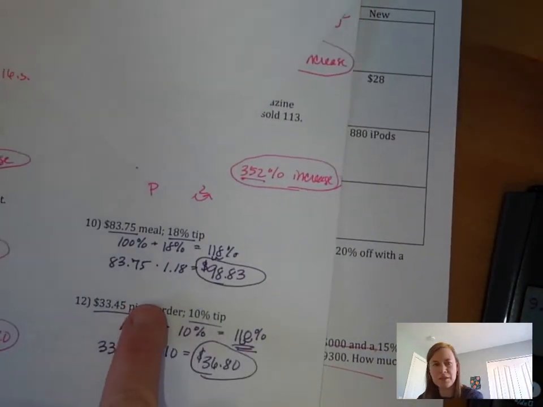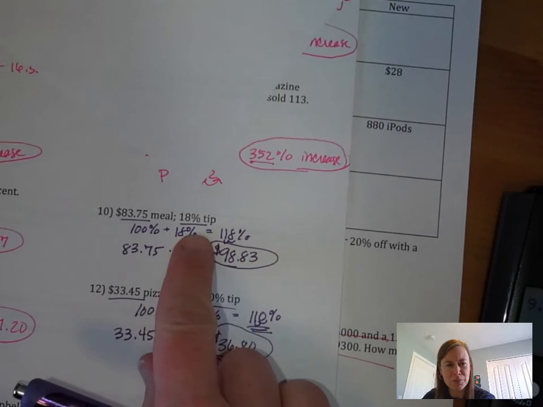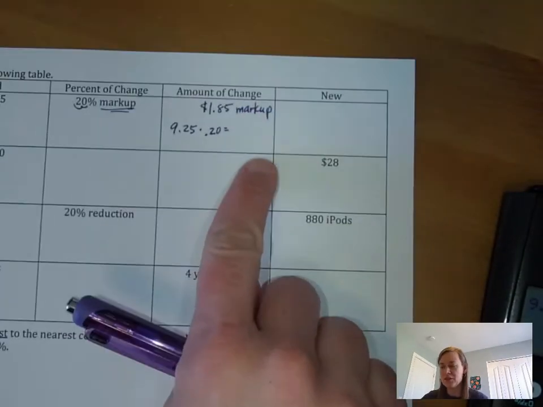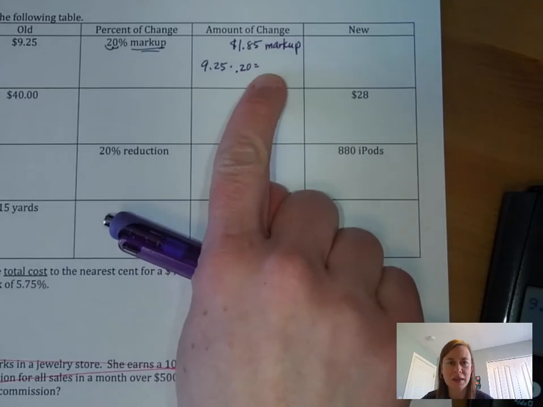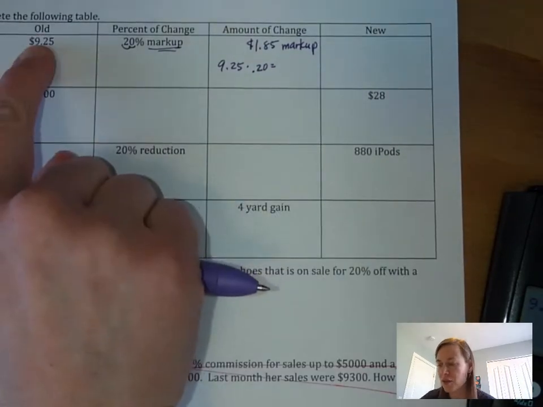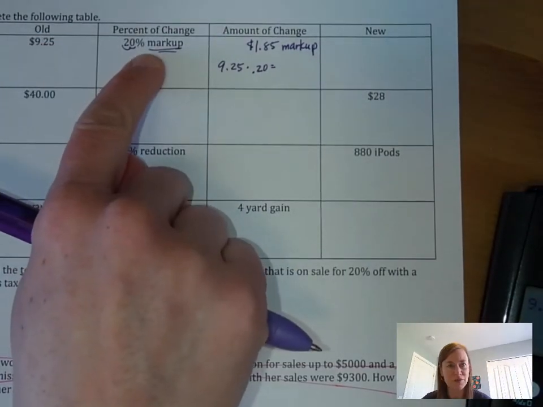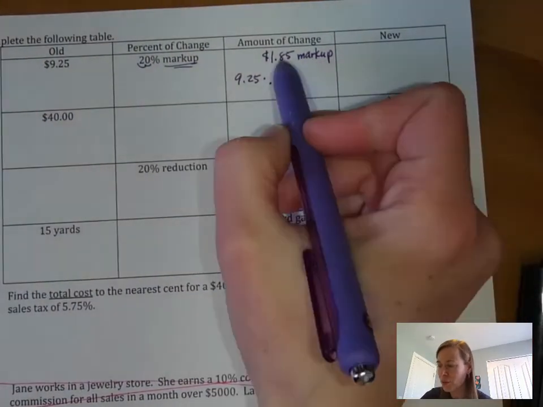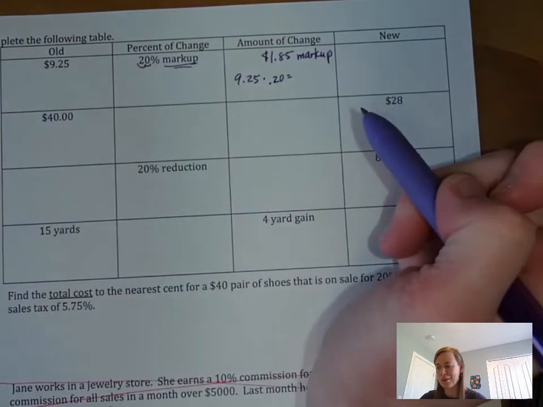Now this is not a good time to use this technique. If you watched the part of the video where I added to 100%, this is not a good place to use that because you're specifically having to calculate the amount of change. So just use the old and the percent of change for this kind of problem. Okay, now to find the new, when it's a markup, you're going to add it to the old price.